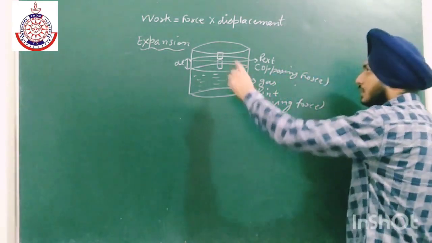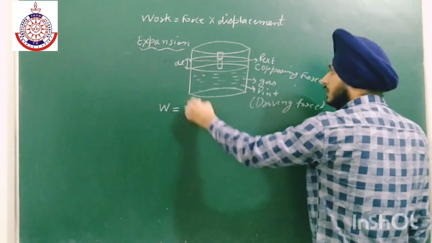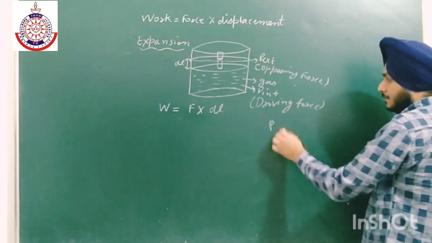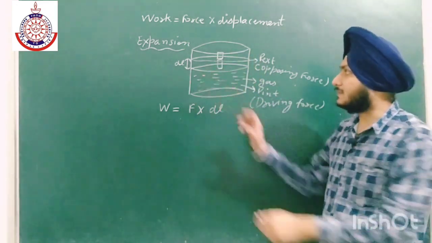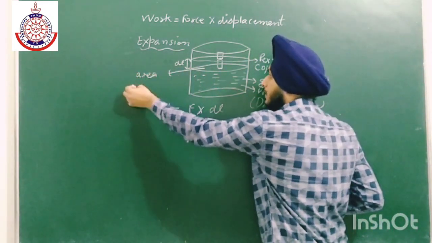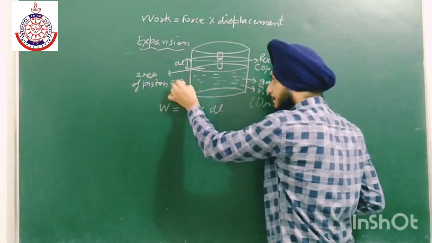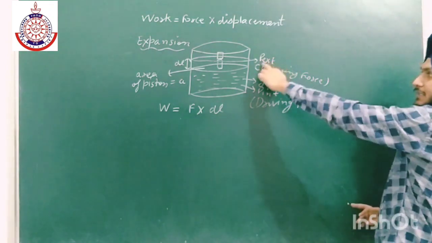So now the formula for work is W is equal to force into displacement, where the displacement is dl. Assuming the area of the piston is small a, not small l, and the pressure is P external.